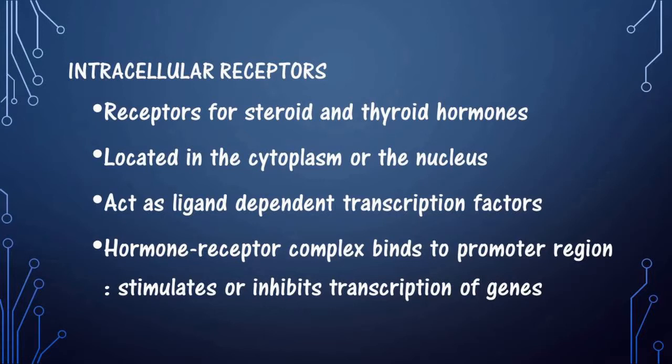They act as a ligand dependent transcription factor, so they can activate or reduce the transcription of a gene. The hormone receptor complex binds to the promoter region, thereby stimulating or inhibiting the transcription of the genes.